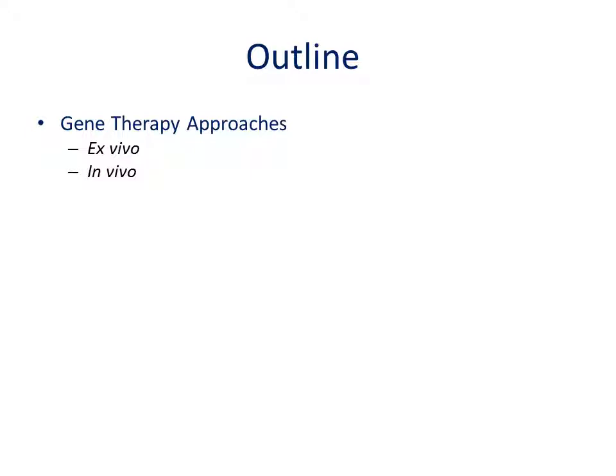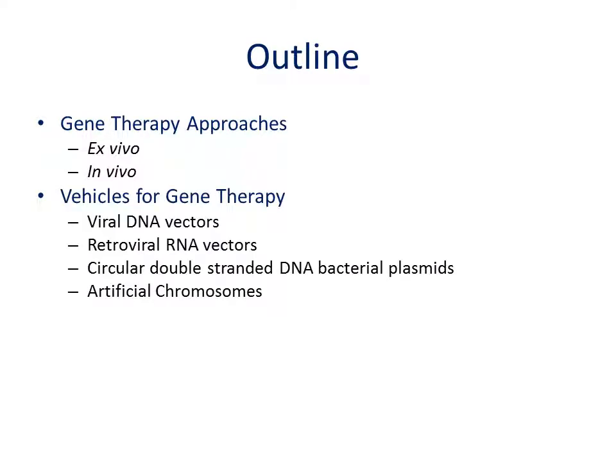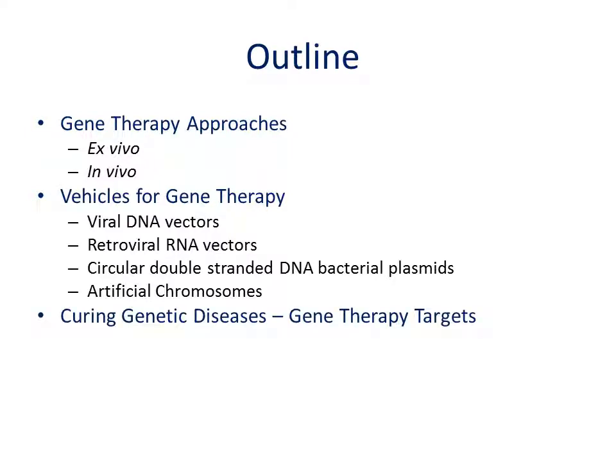As we talk about gene therapy, there's two main approaches. You can use an ex vivo approach or an in vivo approach. There are several different vehicles for delivering the DNA into the host. We can use viral DNA as well as bacterial plasmids and artificial chromosomes.